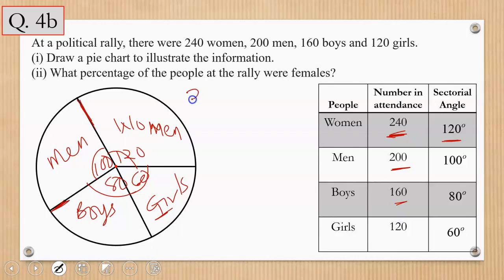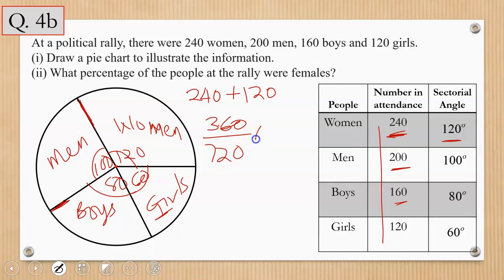So I know women are 240 and the girls are 120. And so when we put them together, we are going to have 360. So this 360 divided by the total number here, which is 720, times 100, because we want the percentage, right?